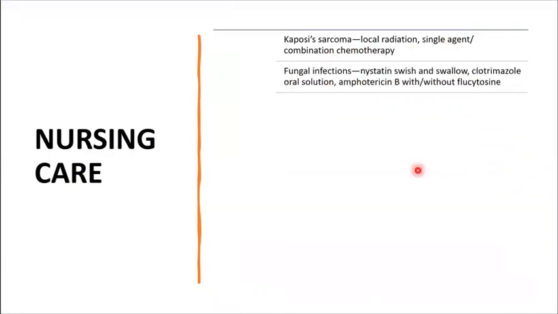For fungal infections, we can use nystatin, swish and swallow, clotrimazole oral solution, and also use amphotericin B with or without flucytosine. For viral infections, like we mentioned earlier, we could give acyclovir or ganciclovir.